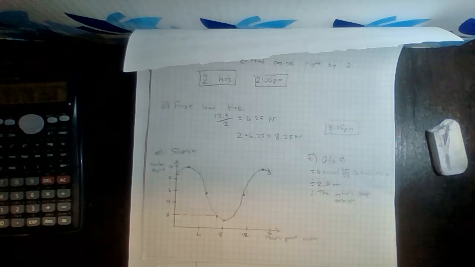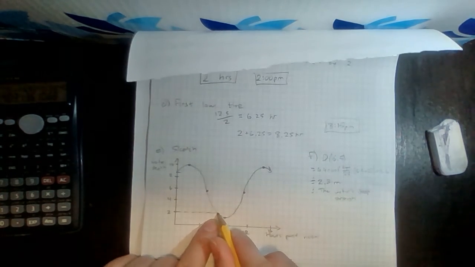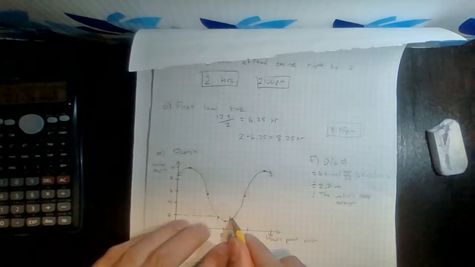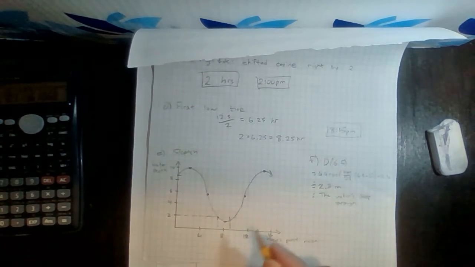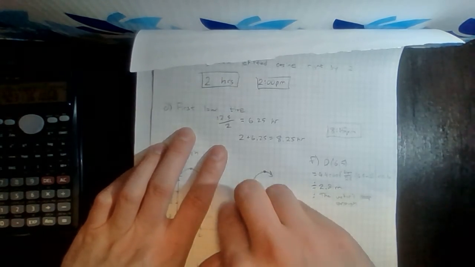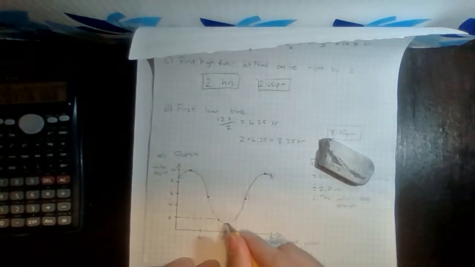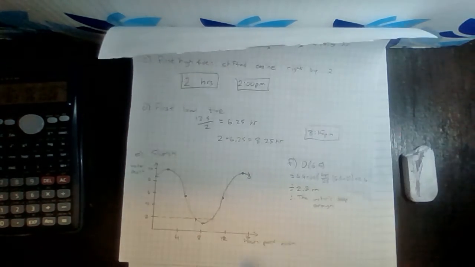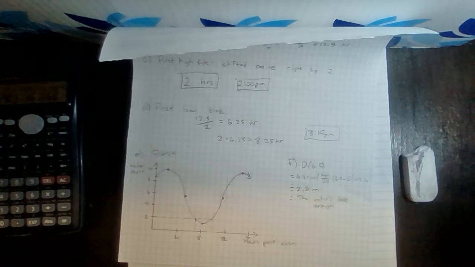Now the question again was, when can he not get out? When can the captain not leave safely? So we need to see now on the other side, what point do we reach 2 meters? If this was drawn nicely, it would be symmetrical.